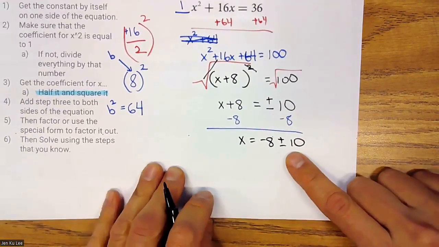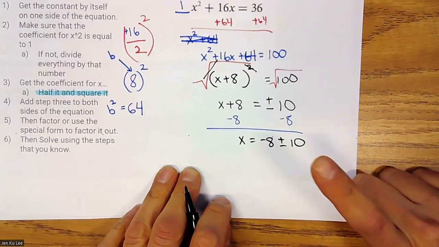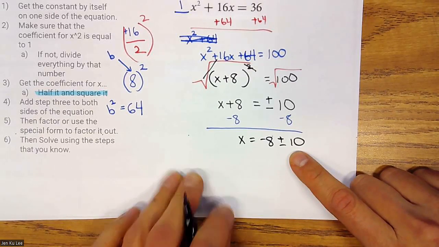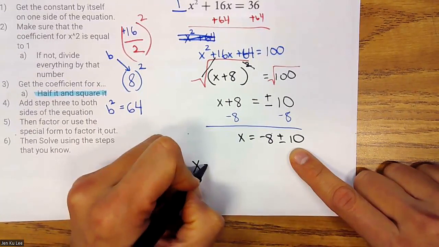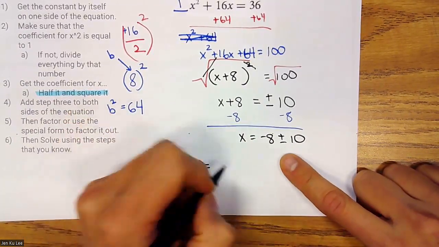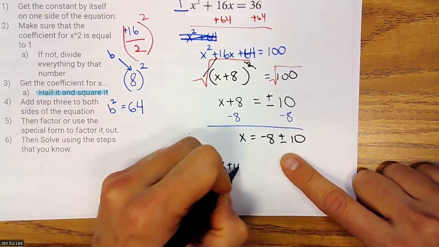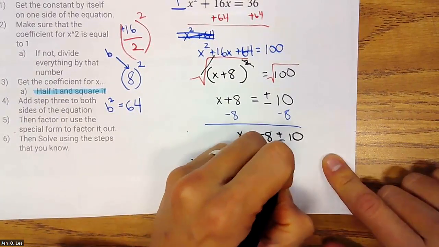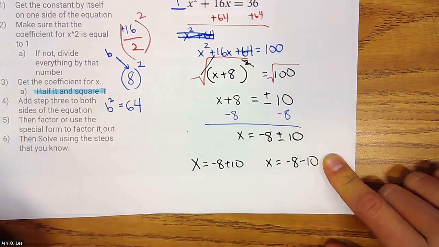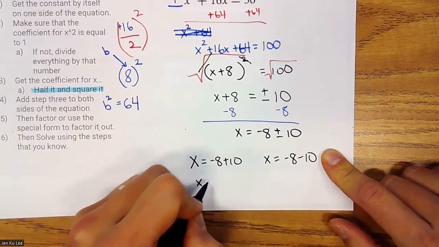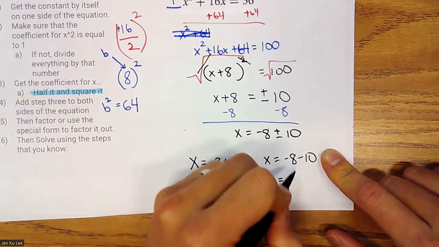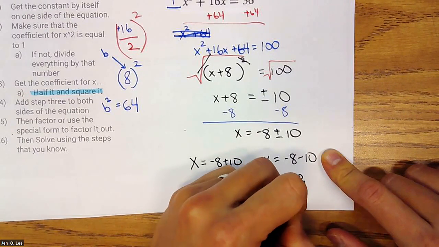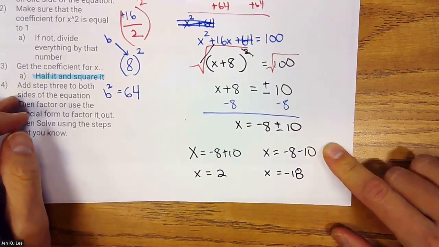So embedded in here, there are two solutions. Okay, because it's a quadratic and it's a parabola, we have two x-intercepts: x equals negative 8 plus 10 and x equals negative 8 minus 10. So negative 8 plus 10, that's 2. That is negative 18. Okay?